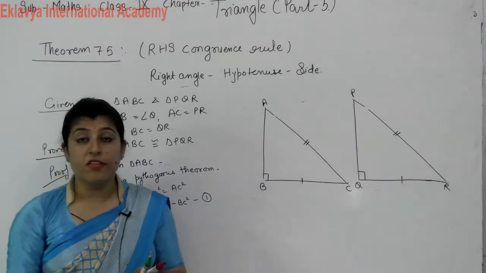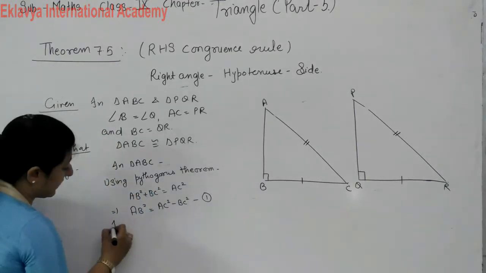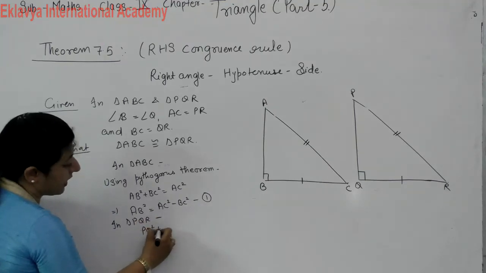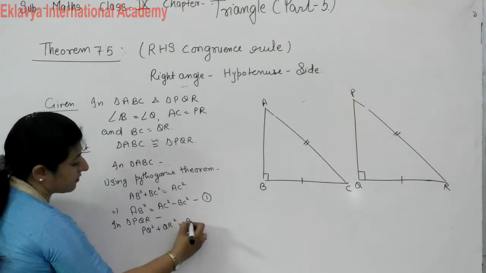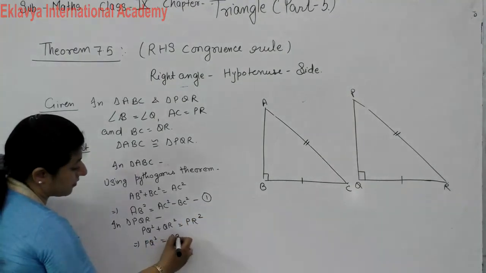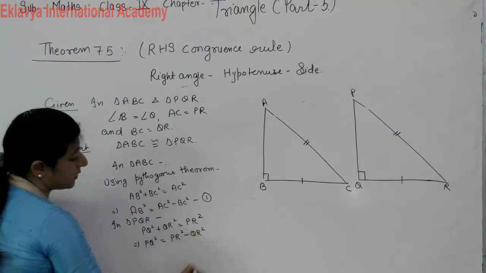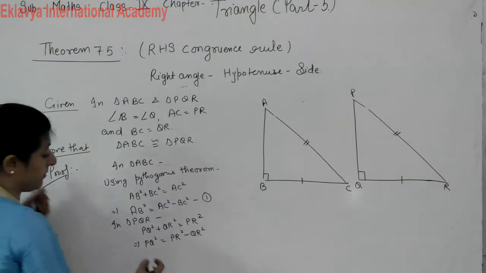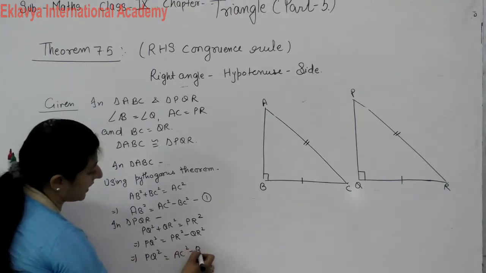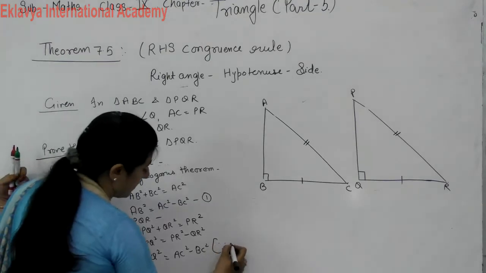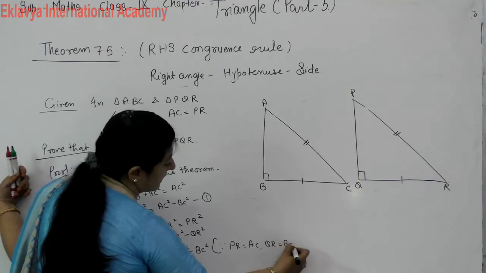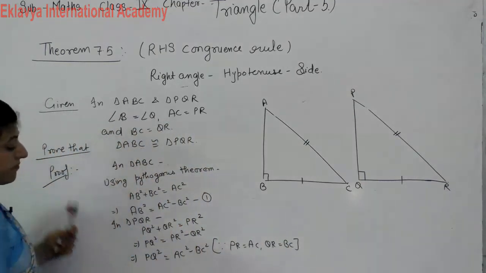This is equation first. In triangle PQR, PQ square plus QR square is equal to PR square, so PQ square is equal to PR square minus QR square. We can say PQ square is equal to AC square minus BC square, because PR is equal to AC and QR is equal to BC, given here.